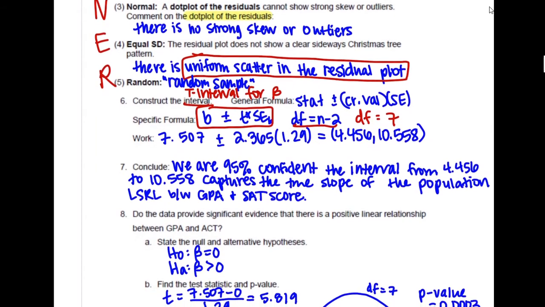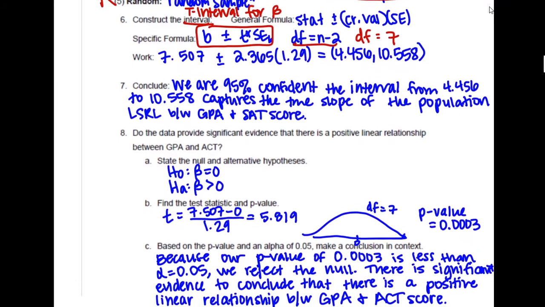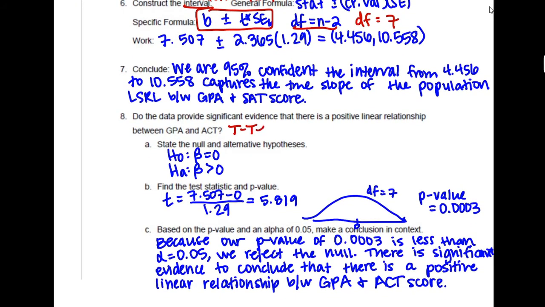Now, number 8 is just taking the same information and doing a significance test. So we're going to call this a T test for the slope, population slope beta. That's the procedure name. And our H0 and HA, we use the same style that we always have, equal signs for the null and inequality for the alternative.